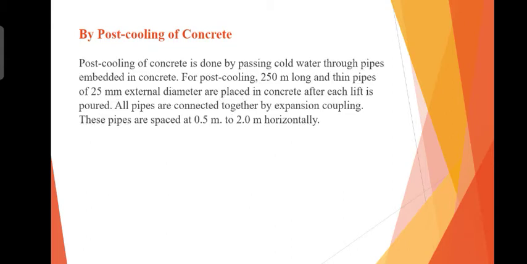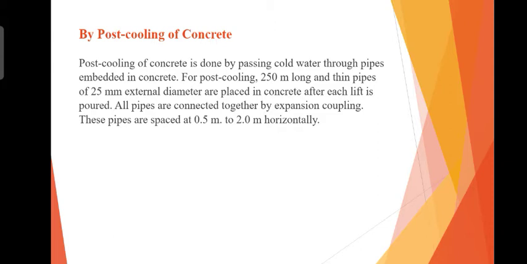Next, post-cooling of concrete. Post-cooling is done by passing cold water through pipes embedded in concrete. For post-cooling, 250-meter long thin pipes of 25 mm external diameter are placed in concrete. After each lift is poured, all pipes are connected together by expansion couplings.